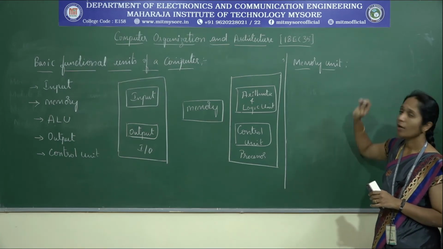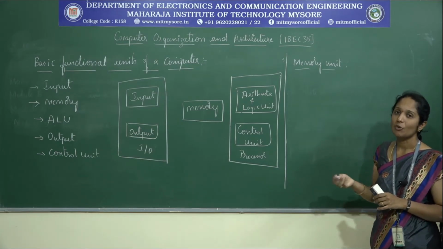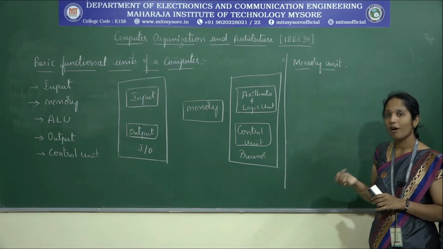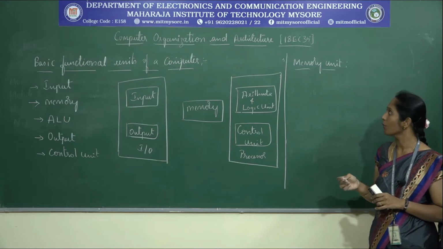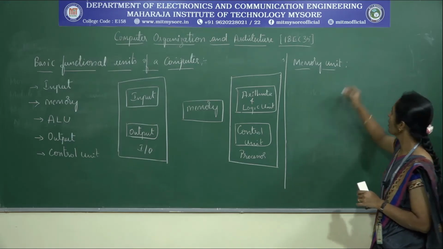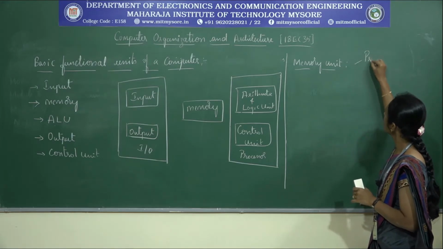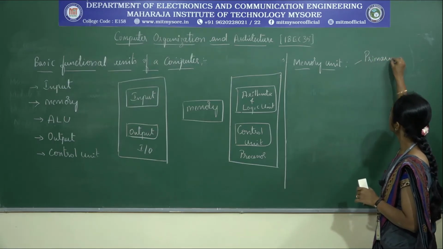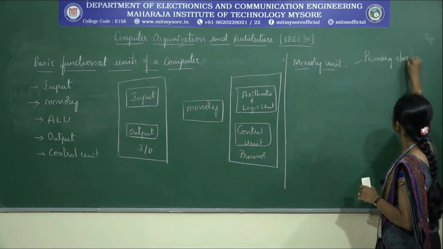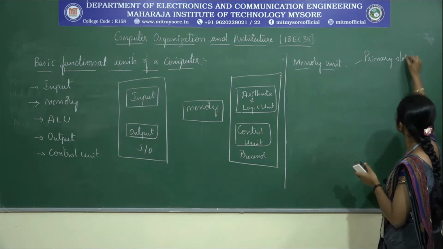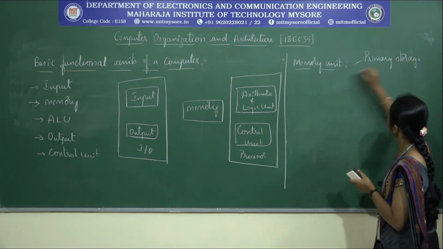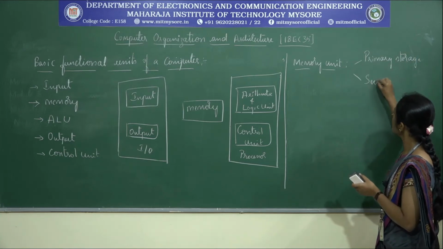It is capable of storing the data which is given as input, or it may store the result which is produced as output. It consists of 2 storages. One is primary storage and the second one is secondary storage.